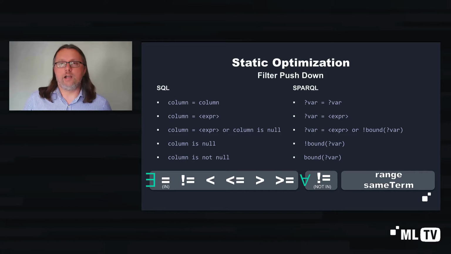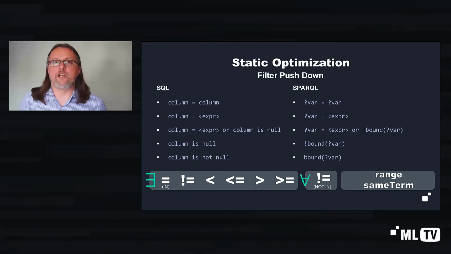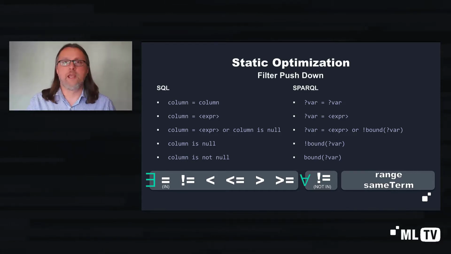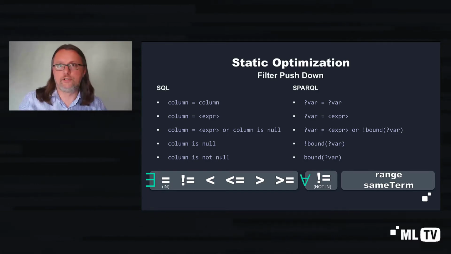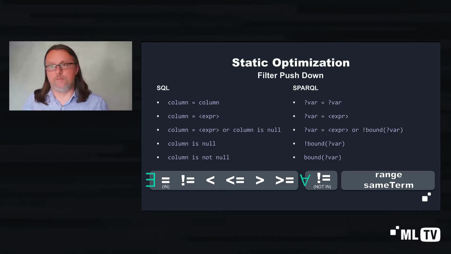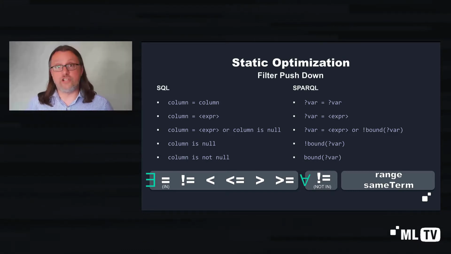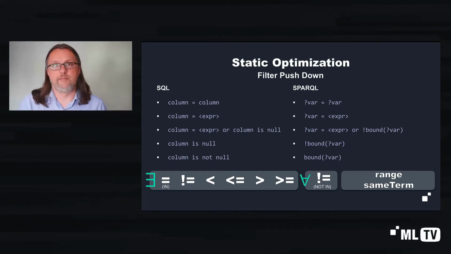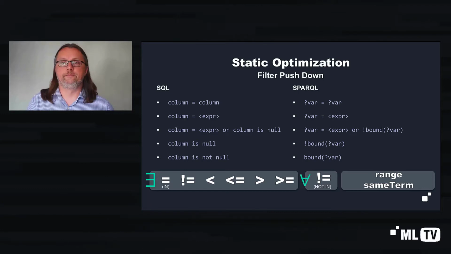So what kind of filters, what kind of expressions can be pushed down? There's a fairly small set of conditions that can be pushed down, although that set is getting bigger. So here's a few examples. On the left hand side we've got SQL expressions, and on the right hand side SPARQL expressions, depending on which you're most familiar with.